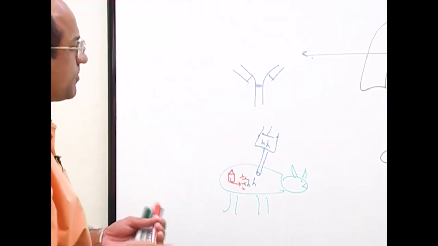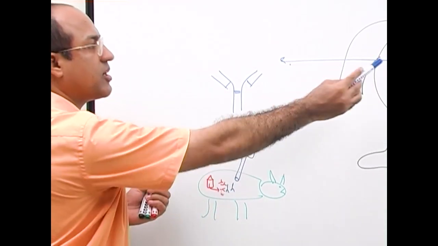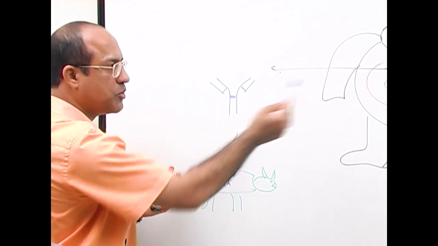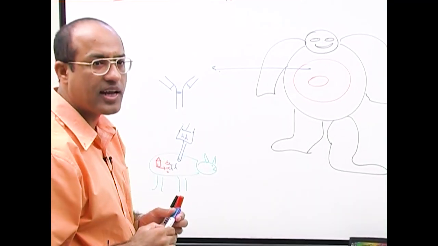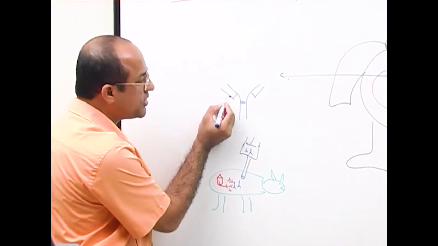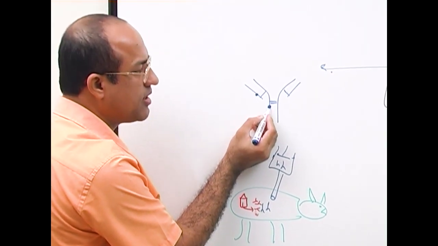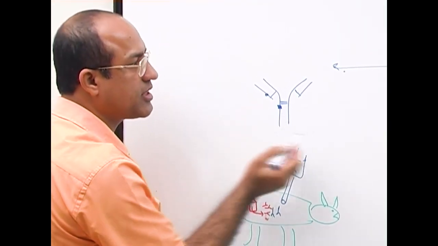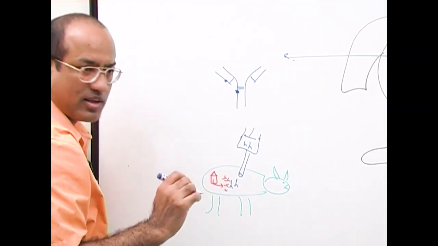Now, actually, they found that all the antibodies which are present, removed from one person, all the antibodies which are present in one person, they are having something common. For example, some amino acid sequence here in the light chain and some amino acid sequence, let's suppose here. This amino acid sequence is present in all the antibodies of this person, right?